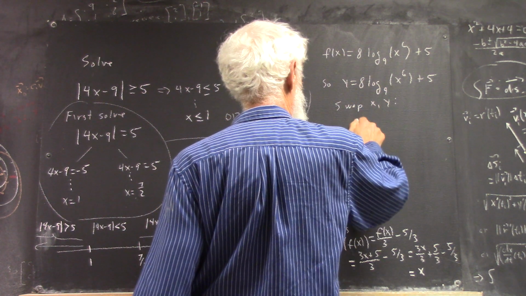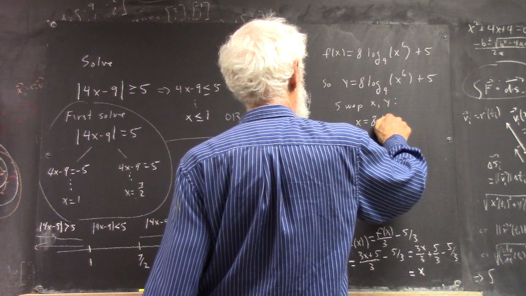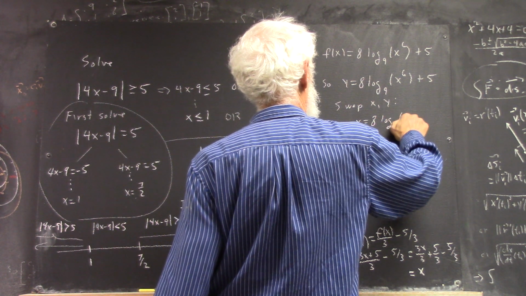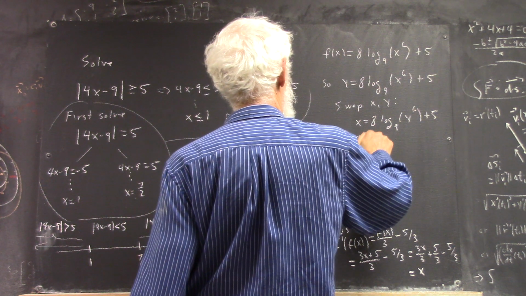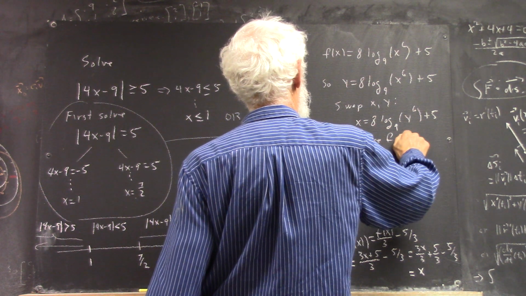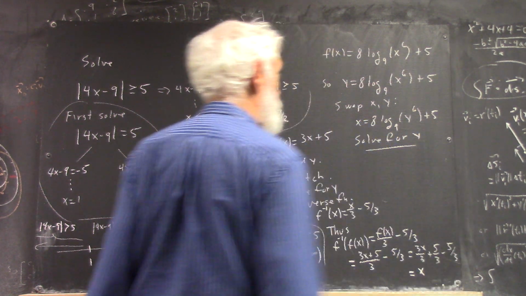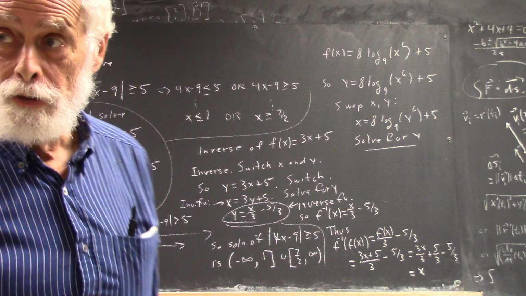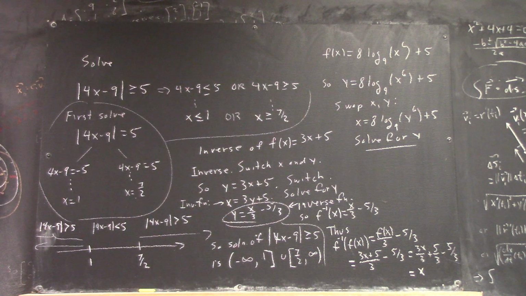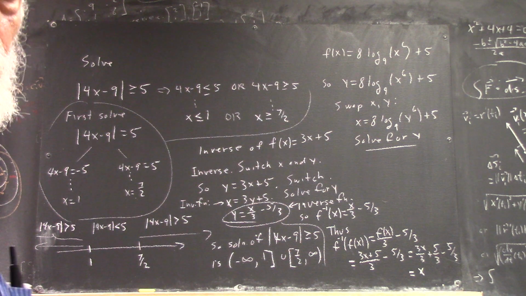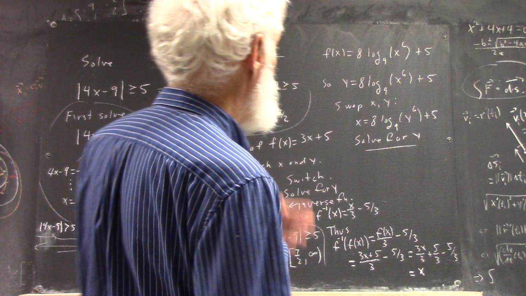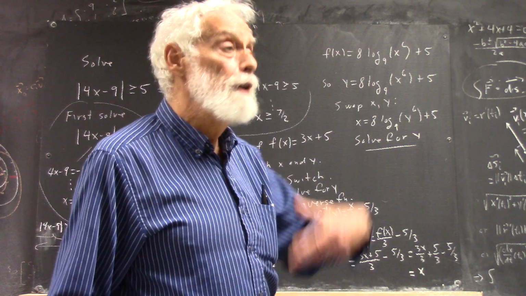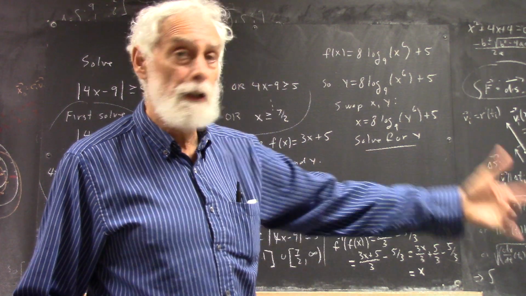You swap x and y, you get x equals 8 log to the base 9 of y to the 6th plus 5. And then you solve for y. Okay, so what's the first thing we do if we solve this for y? Well, we have to get it in the form log base 9 of y to the 6th equals something, so we can change it to exponential form.